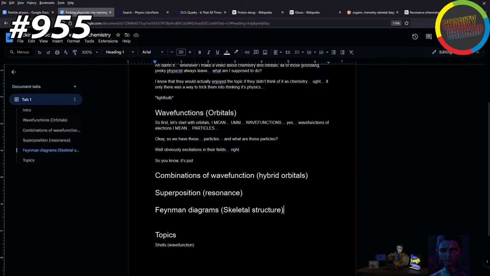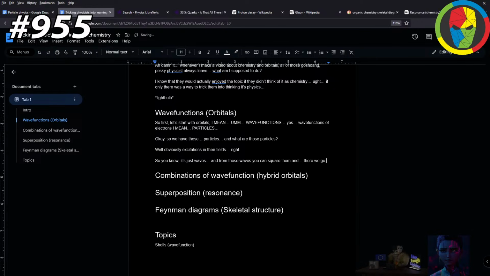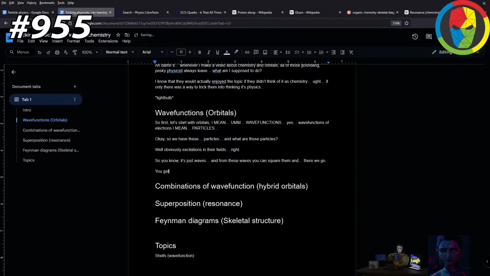All right, hold on. So first we have this. Obviously, the field. So we know it's just waves, and from these waves, you can square them, and there we go. You get the probability of finding the particle. Splendid.